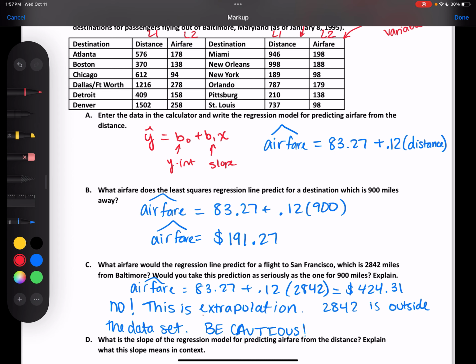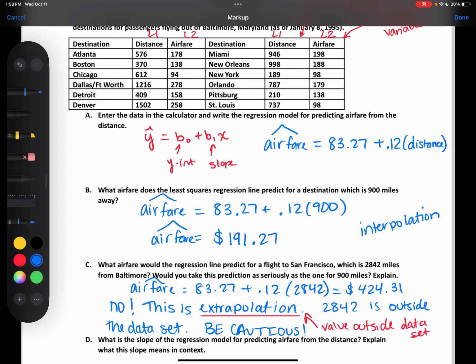And so I'll underline this. Extrapolation means it is a value outside the data set. Now, not only do we have a fancy name for it being outside the data set, but we have a fancy name for it being inside the data set as well, and that would be called interpolation.